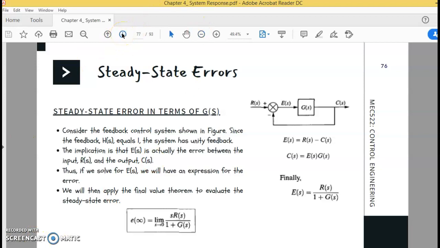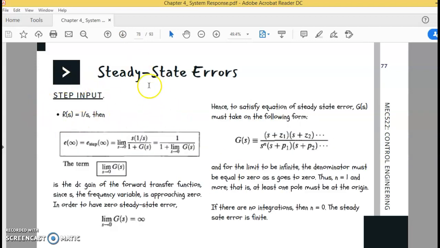Next, we want to find Kp, Kv and Ka for each input. First, the first input, the step input. You know that e_ss equals the limit as s approaches 0 of s multiplied by R divided by 1 plus G(s).